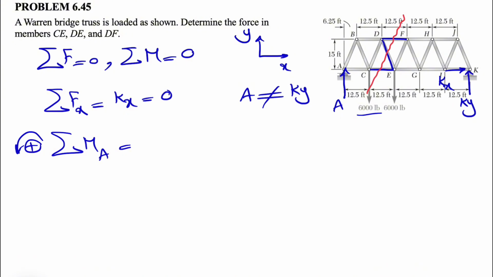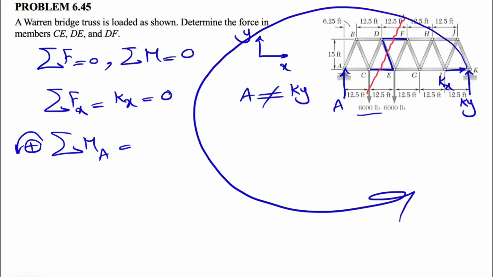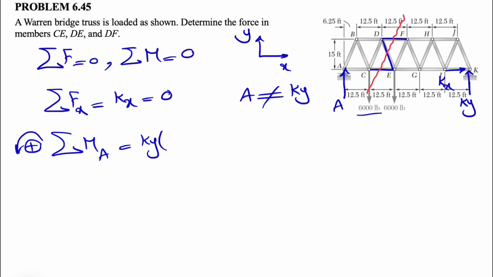If we do about A, we have the moment of Ky, which as we can see is in this direction about A, so counterclockwise, it will be a positive moment, Ky times the distance. The distance from A to K is 12.5 times 1, 2, 3, 4, 5. And we have two 6,000 forces that are making clockwise moments, so negative for both. One of them is 6,000 times 12.5.